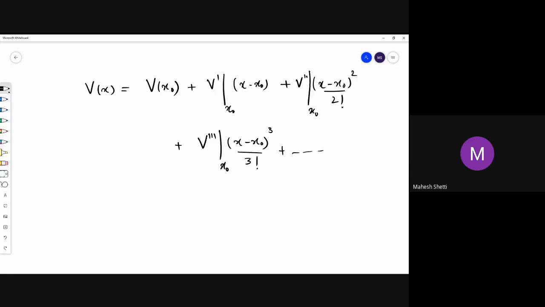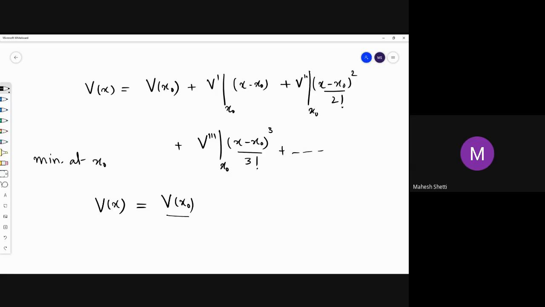Now, suppose a function, a potential function, has a minimum at x0. What will happen? This Taylor series expansion becomes V at x0. This is going to be a constant because this is evaluated at x0. So it's a constant number.